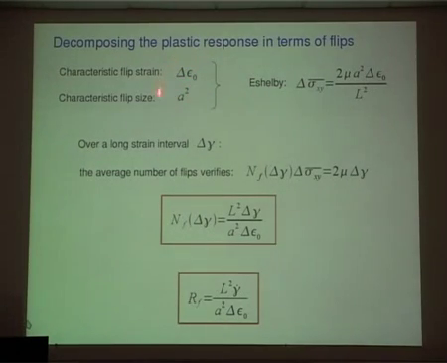And then we know that each flip releases a stress, which, what is important here, is just some constant divided by the volume of the system. That just tells you it is a local event. It releases a fraction of the stress, which is just the 1 over L squared fraction.